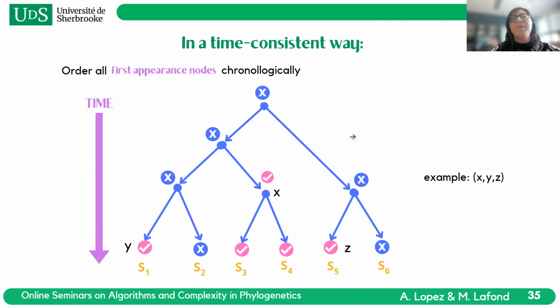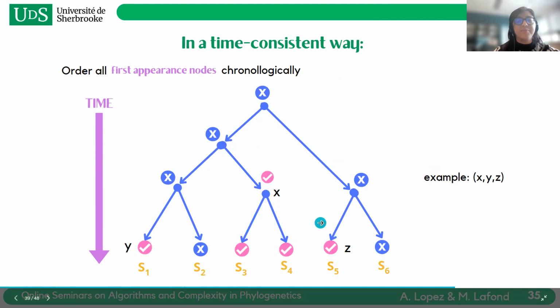We assume that every node is assigned a distinct time, so that in this ordering we can know who is bigger than who. For example, in here, we could say that X is bigger than Y and Y is bigger than Z.